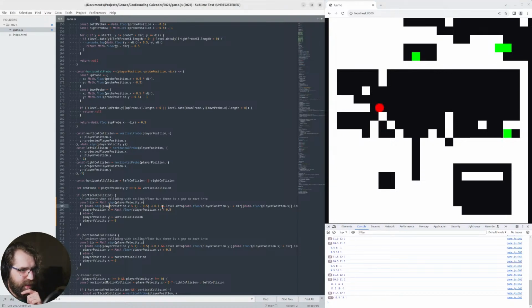What I've done is I'm probing, I'm saying like, if we're colliding, and my position is near the middle of a cell, then probe this position, but I also want to probe the position. Oh my gosh, okay. This is a nightmare.